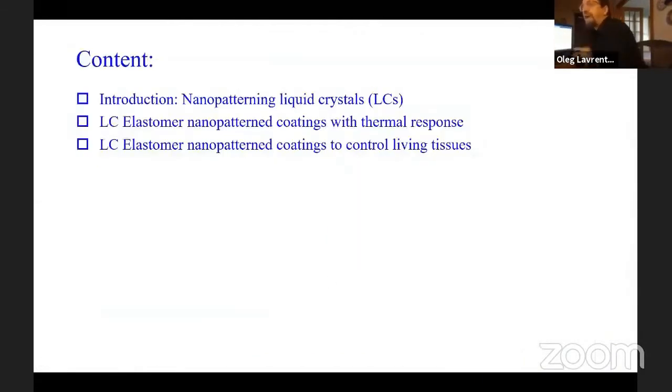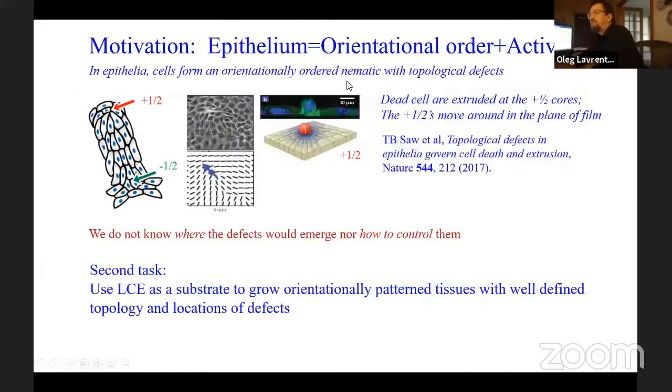So now I would go to the final part of my presentation, which is how to use these elastomers to produce the living cell. So far, we just produce a kind of analog of the artificial cell that is formed by artificial material.